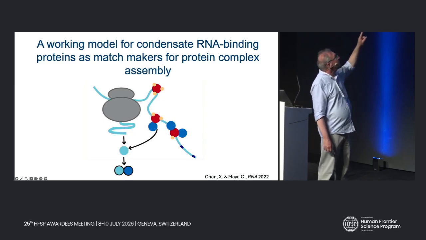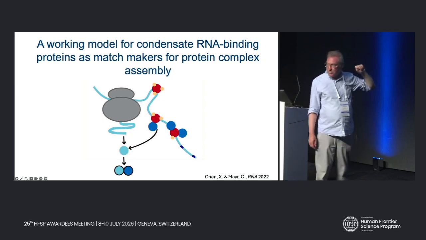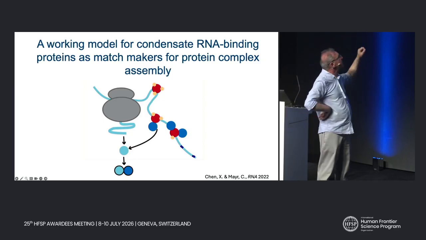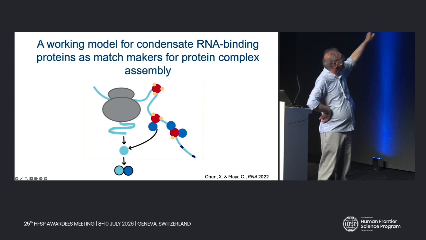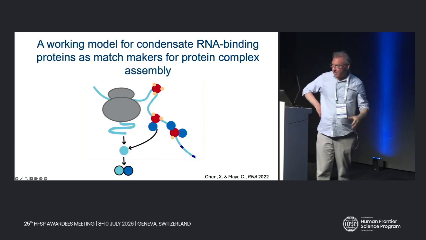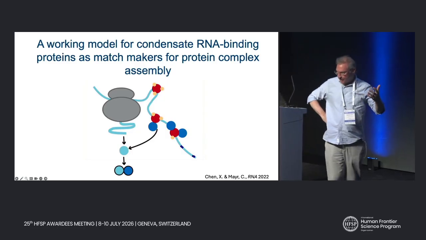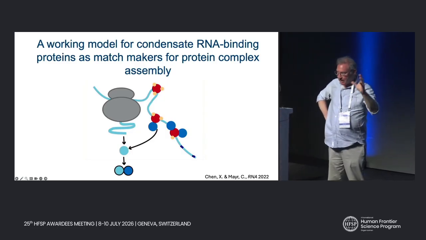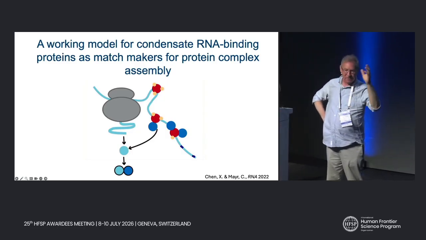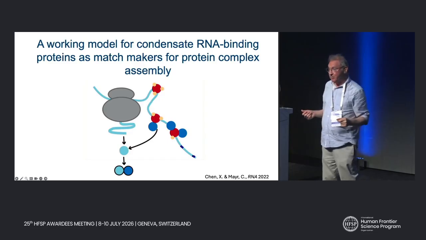But the basic idea is that you have two subunits, shown here in light and dark blue, of a protein complex, and somehow one of the subunits that's already been translated is associating with the RNA of the other partner, and somehow controlling, say, the rate of translation or something to control the stoichiometry between the two.